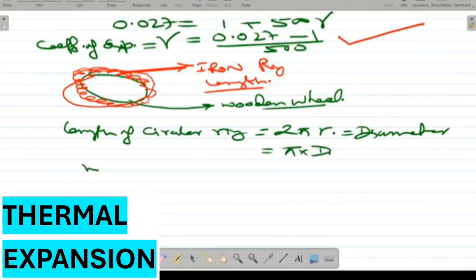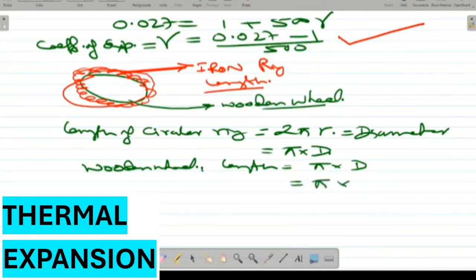For the wooden wheel, the length will be pi into d, which is equal to pi into 100 centimeter. Right, students? This will be 100 pi. And similarly, the iron wheel needs to be heated with T temperature.